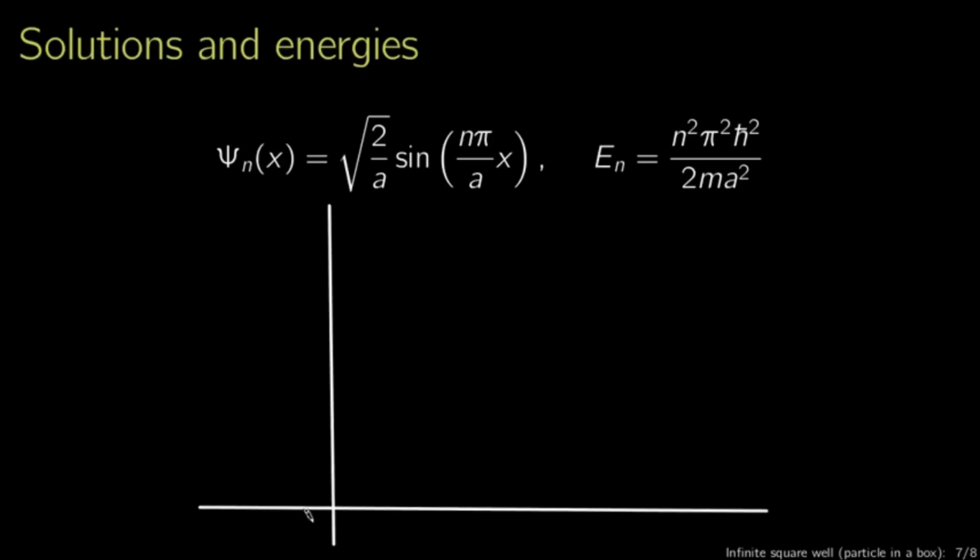If this is our x-axis, we know our wave function is only non-zero between 0 and a. So we have this region that we're interested in. Now I want you to think about this y-axis as a hybrid energy wave function axis. Now treating it as an energy axis, I'm going to make some marks here.